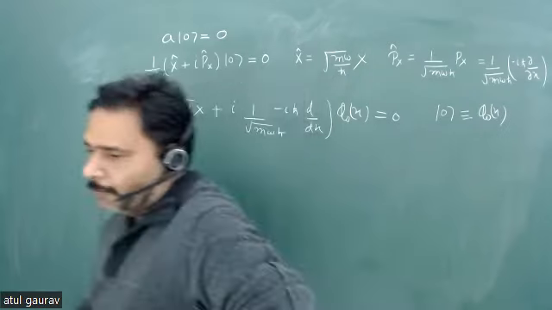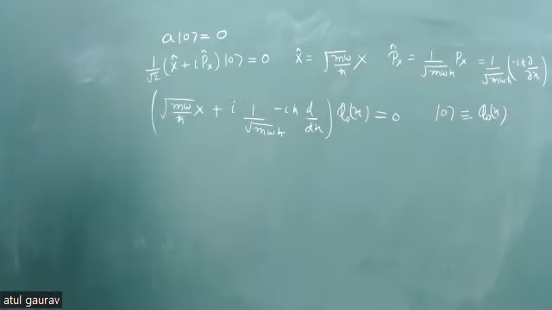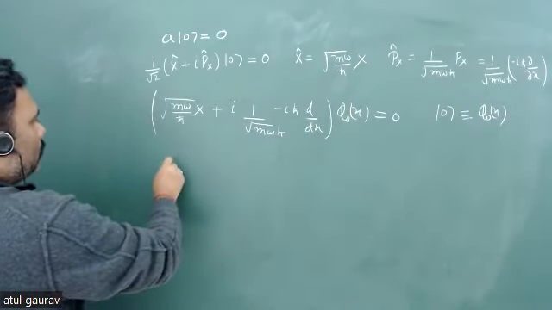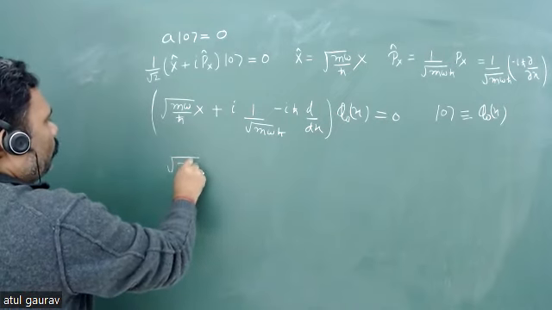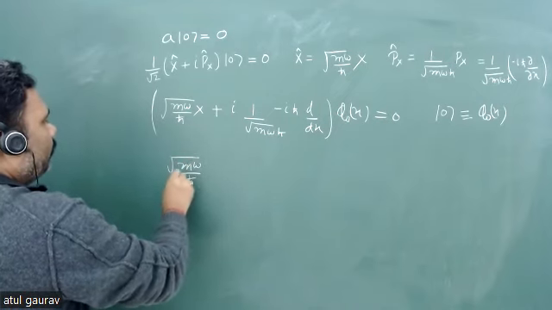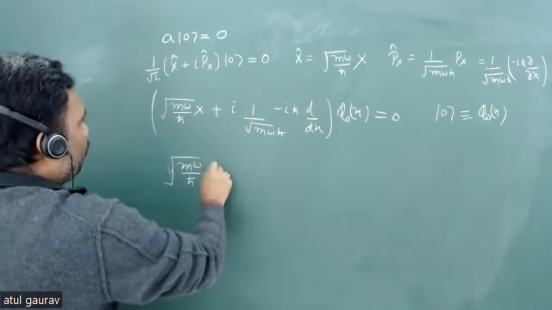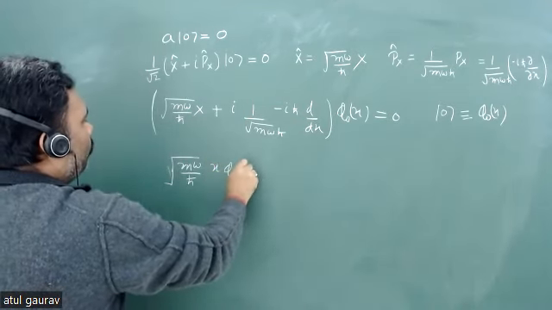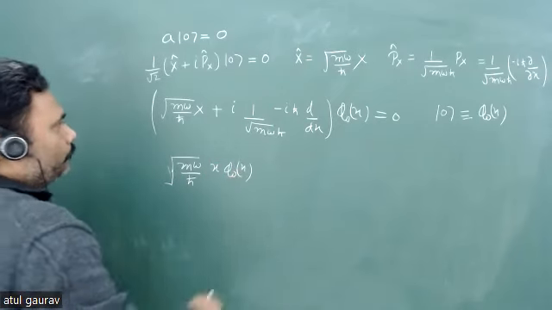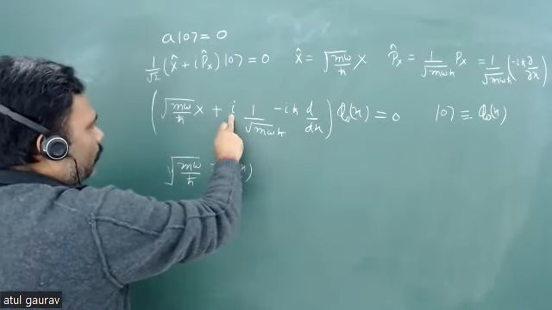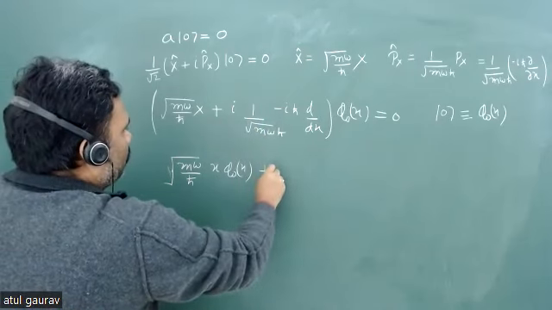And now look at what we are getting. We are getting root under m omega upon h cut, X will operate on phi naught x, we have x phi naught x, and i into i is -1. Minus minus you have +1.